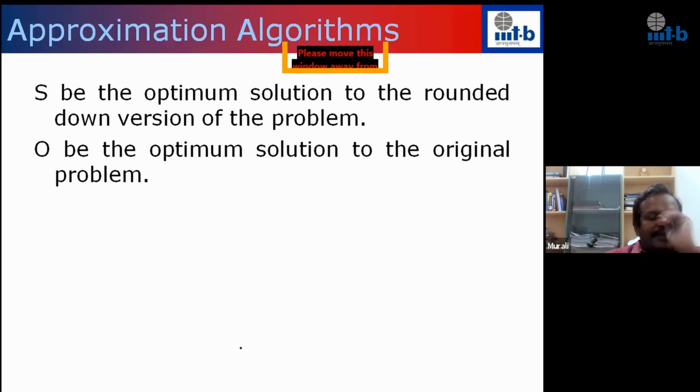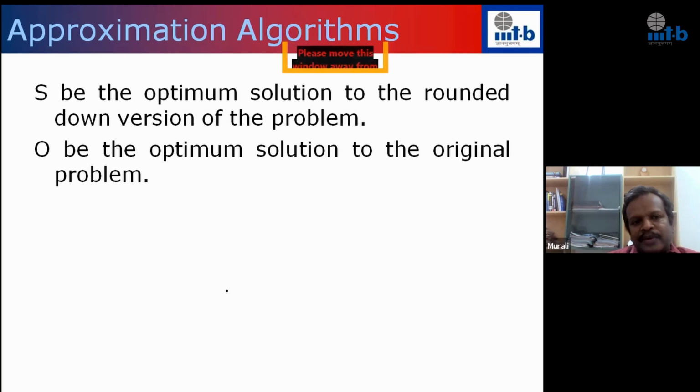So there are two definitions now. S is the optimum solution to the rounded down version of the problem. It will tell you what all the items are that I need to pick in order to get the optimum solution to the rounded down version of the problem. How do you solve the rounded down version? Because I did the rounding, the profits in the newer version are all smaller numbers. So I apply DP and find the solution to this.